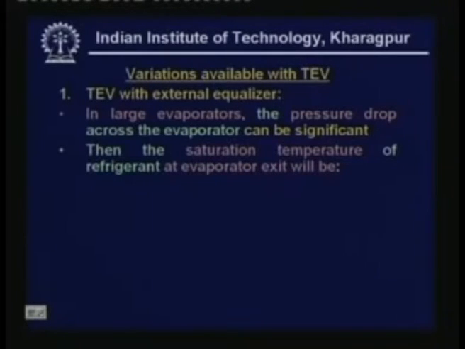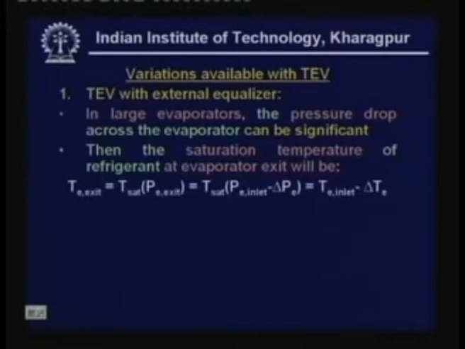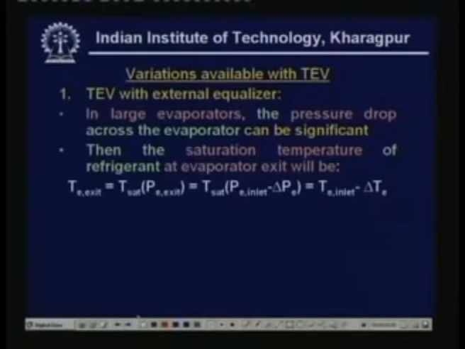Then the saturation temperature of refrigerant at evaporator exit is nothing but the saturation temperature at exit pressure. So T_e exit is the saturation temperature at the exit of the evaporator. This is nothing but the saturation temperature at the exit pressure, and exit pressure is nothing but inlet pressure minus delta P. Okay, delta P is the pressure drop across the evaporator.